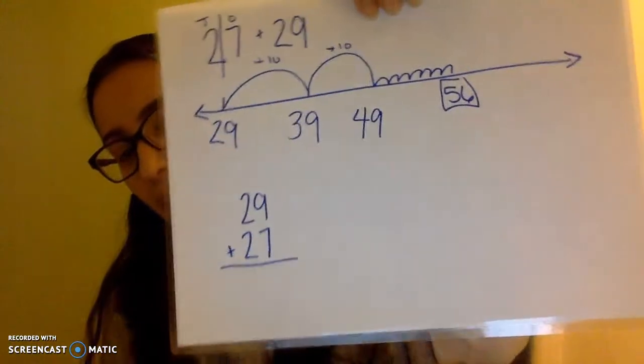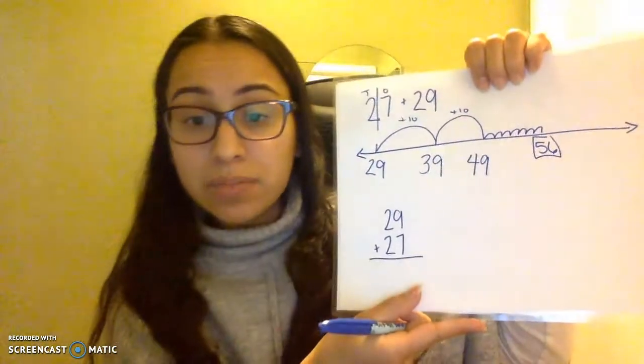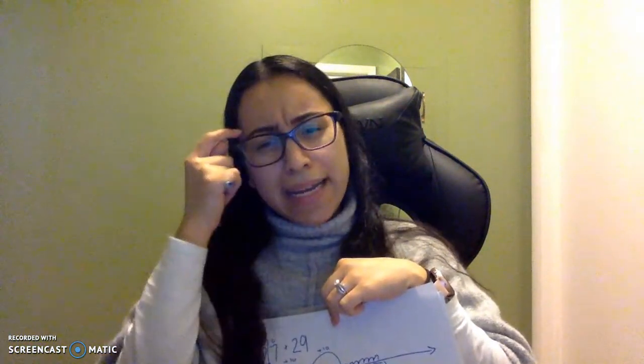Now I'm going to try standard form here. 29 plus 27. 9 plus 7, I'm going to put 9 in my head, and I'm going to add 7. So let's see, 9, 10, 11, 12, 13, 14, 15, 16. Whoa, 16.